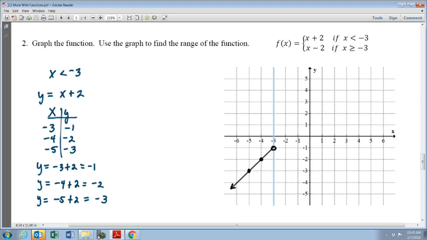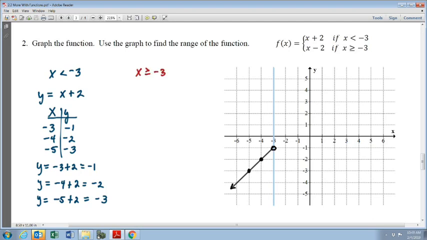You can see it comes from the left and it goes up to that point -3, -1. But that actual end point is not on the graph, because remember, we're only using this piece of the line when x is less than -3. At -3, we're actually going to use the lower piece. So let's look at that.